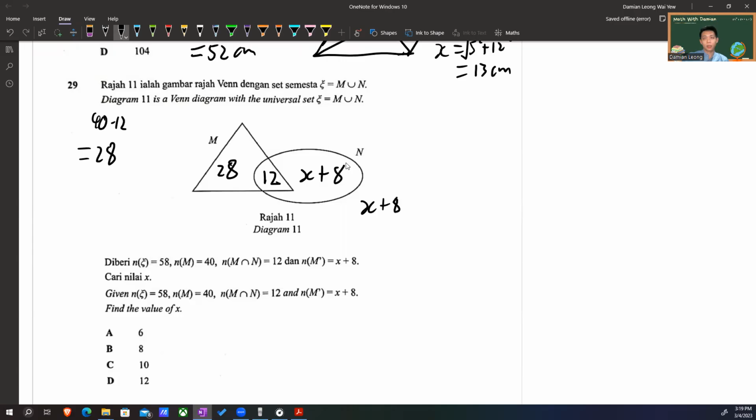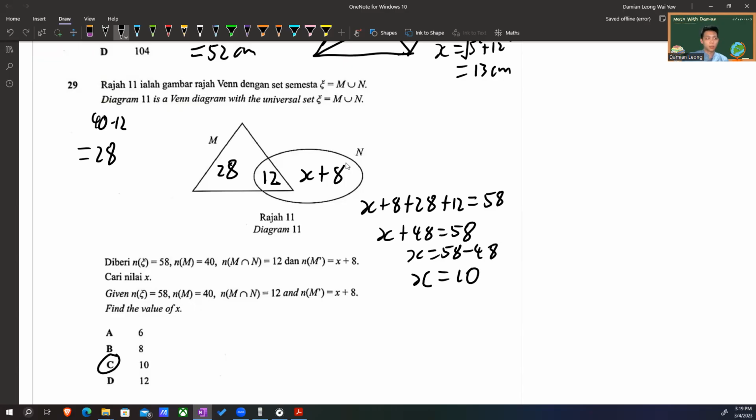X plus 8 plus 28 plus 12 equals 58. X plus 48 is 58. X will be 58 minus 48, which is 10. So answer C. Just like that.